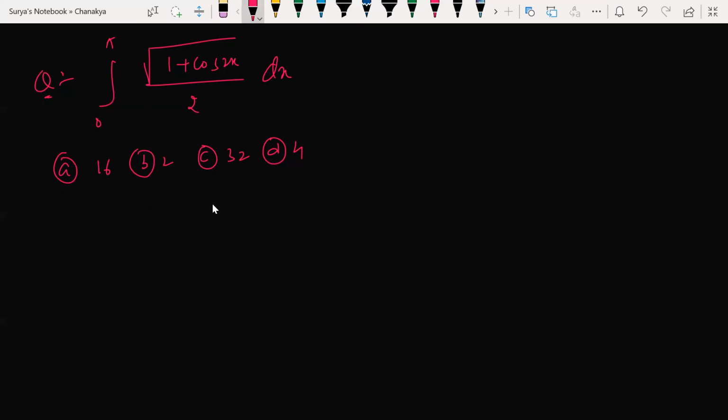Very simple question. Look at this. 1 plus cos 2x formula is what? See, beta, we know the cos 2x formula. What is the cos 2x formula? 2 cos square x minus 1, right? So we have 1 plus cos 2x here, which can be written as 2 cos square x. Correct? Just substitute that, 0 to pi. Square root of 1 plus cos 2x can be written as 2 cos square x divided by 2.